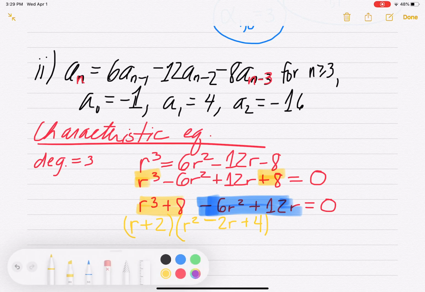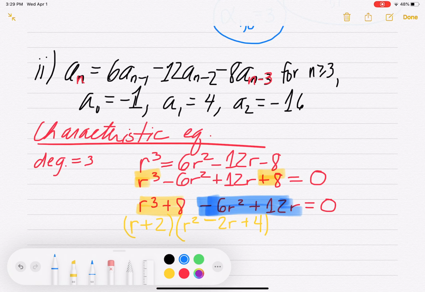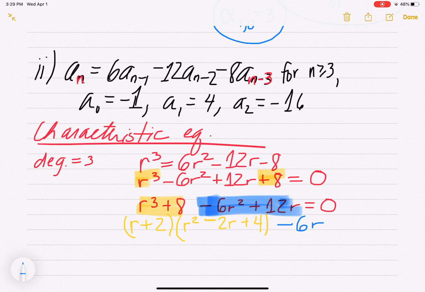Now for the blue stuff, notice that you can actually factor out a minus 6r, right? When I pull out a minus 6r, I'm going to be left with... did I write this down right? I didn't write this down right.